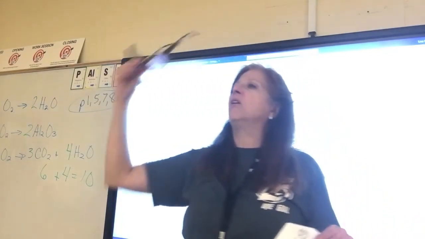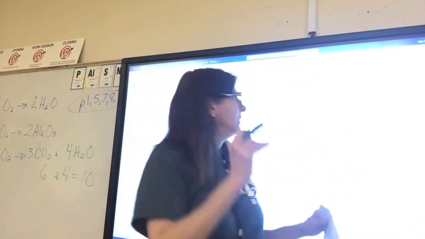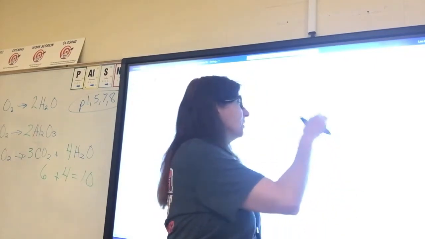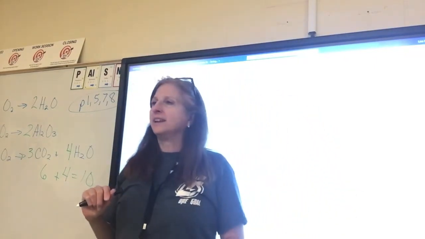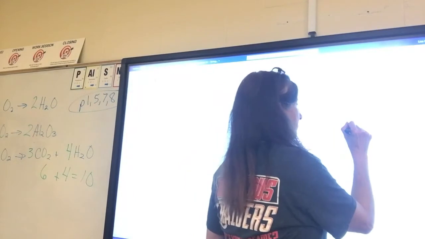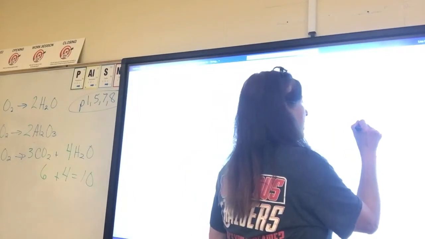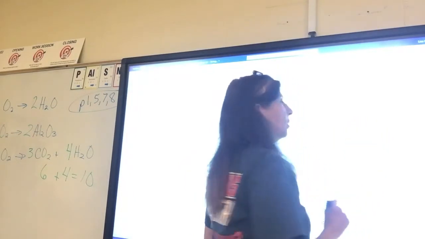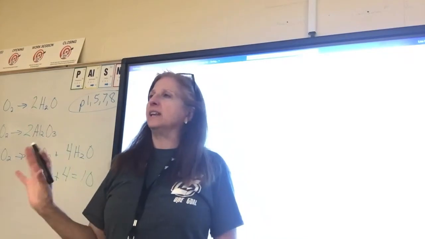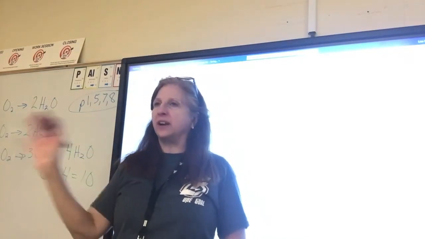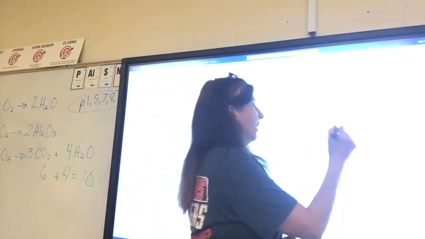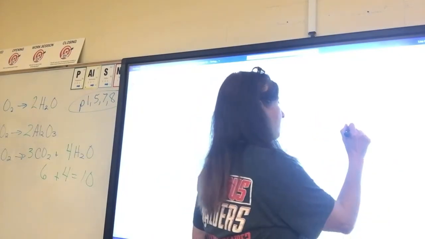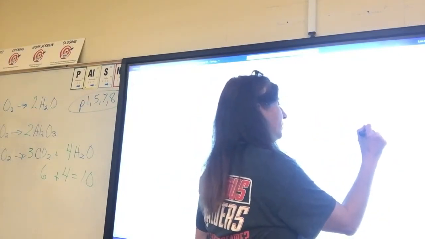And we're going to do a whole unit on this, so don't worry about it. Okay, what do you think a triangle stands for? Change in heat. Sometimes they won't bother writing the word heat. They'll just put a triangle, and that means you have to heat it up to make it go. And if it says the word heat, it means you heat it up.